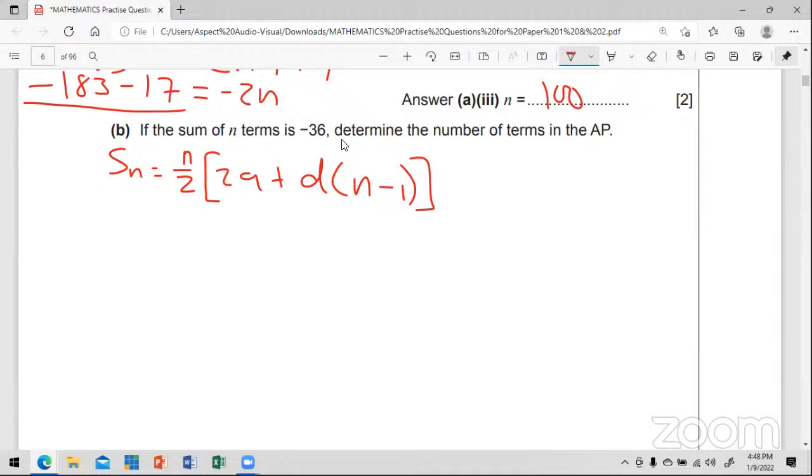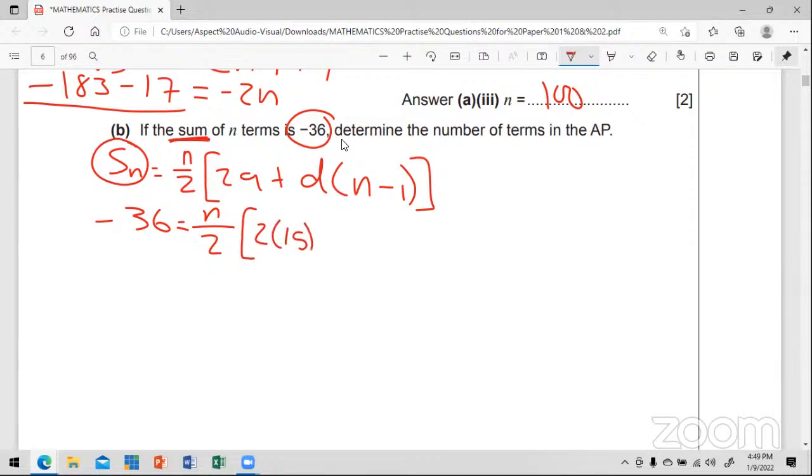They are saying this one is for the sum. The sum of the nth term is -36. Are we together? So wherever is the sum of the nth term, you put -36 equals n over 2, your n you do not know. What is your a? Your a is 15.